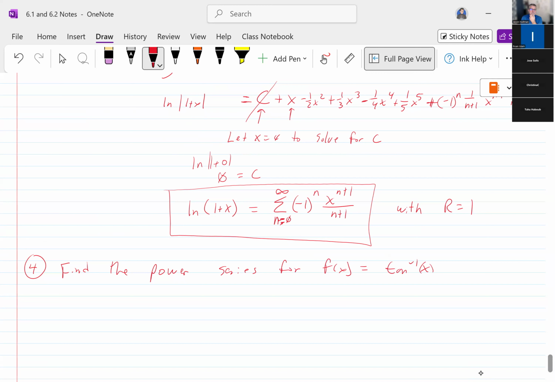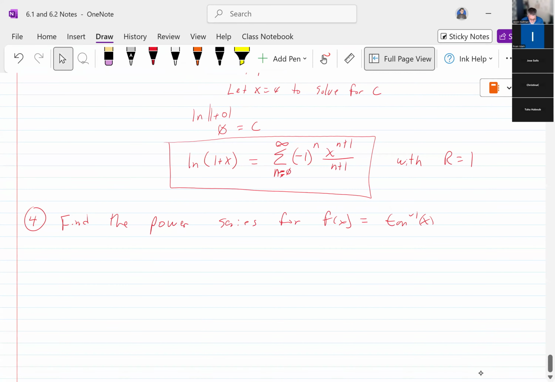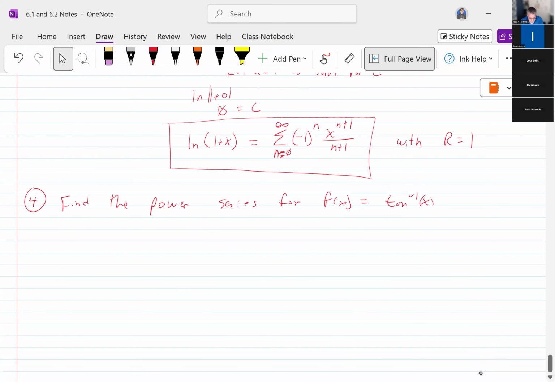So we want to know, can we relate the inverse tangent to some sort of power series? Well, how is inverse tangent related to this? If I put up 1 over x squared plus 1, how do we relate this to inverse tangent? How are those two related?